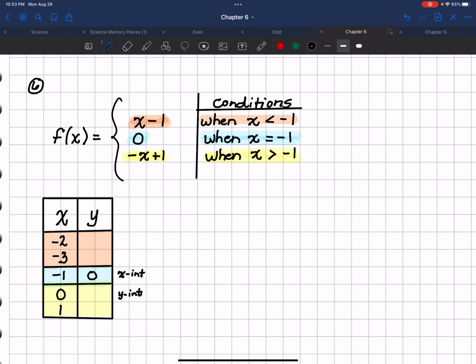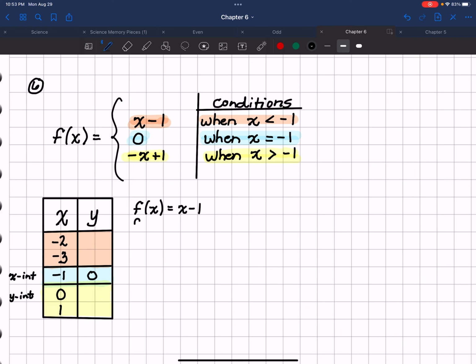And I'm going to start with the orange group. Let's pull that on this side so I have a little more room. Okay, so the orange one is f of x equals x minus 1 if x is less than -1.